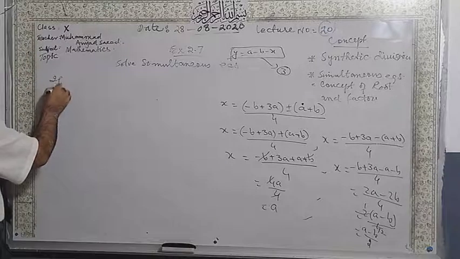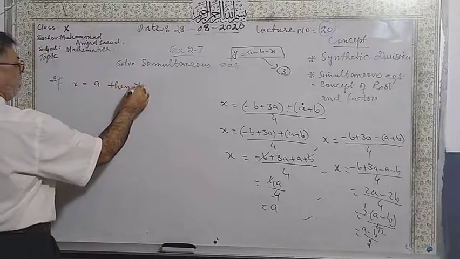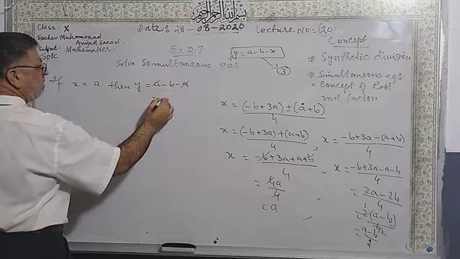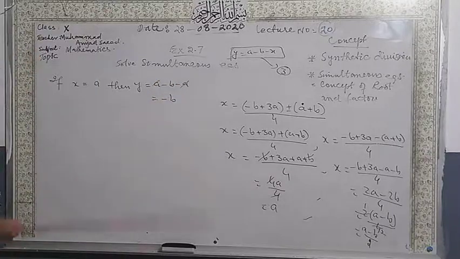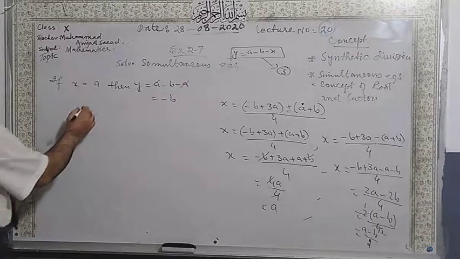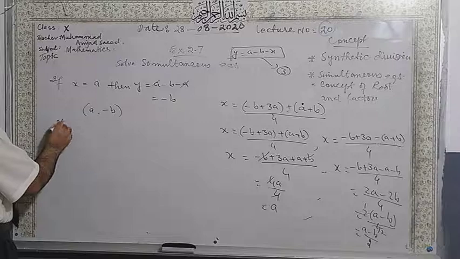If x is equal to a, then y is equal to a minus b minus a, a cancelled out. Your first point in the answer is a, minus b.